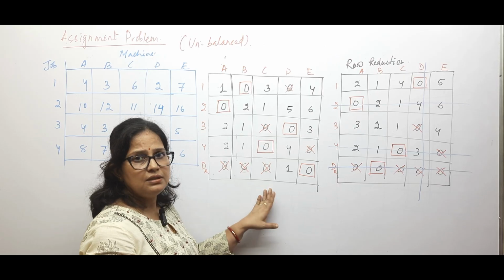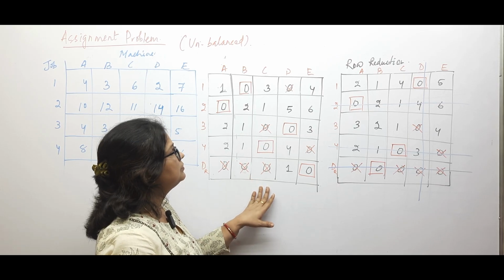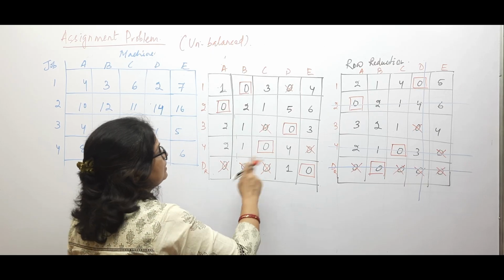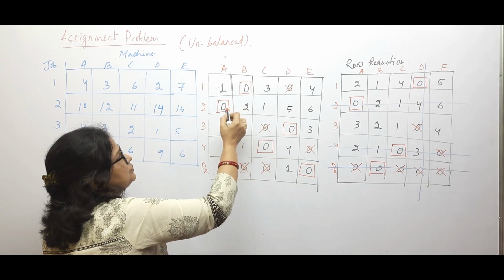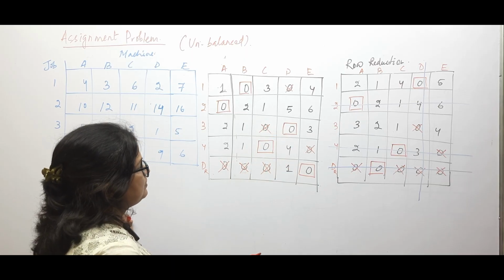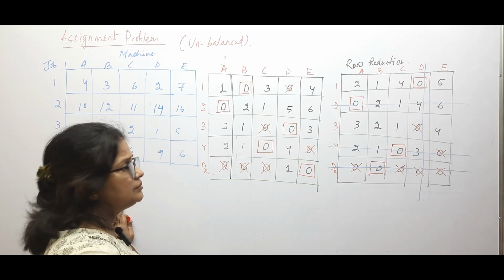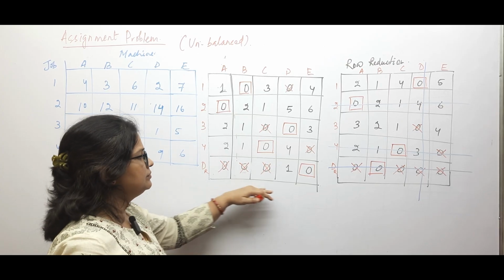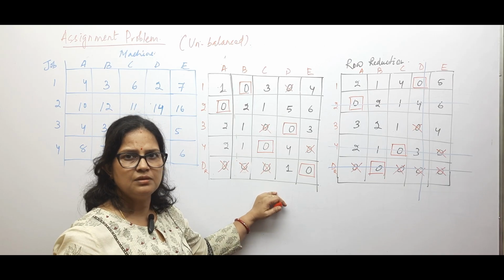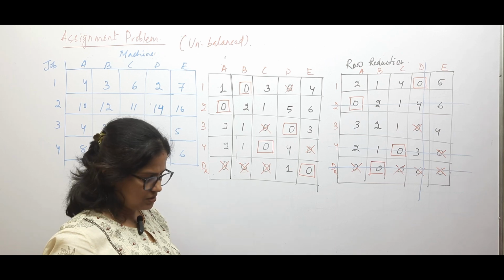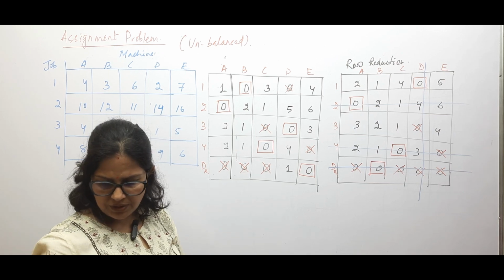If you go for calculating the cost, as we have here 5 assignments, 1, 2, 3, 4, 5, now 5 assignments, 5 rows and columns. So we have reached the optimum solution. So now let's calculate the total cost.